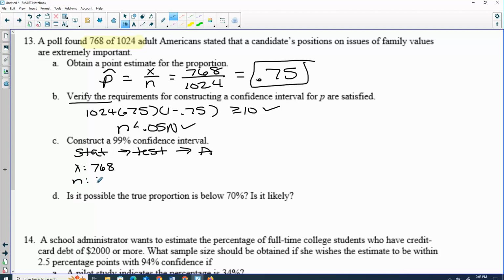And our C level, 0.99. And it gives me 0.7151 to 0.7849.